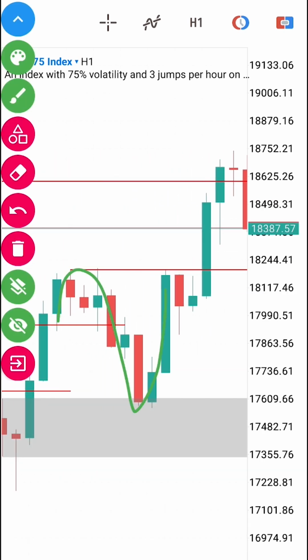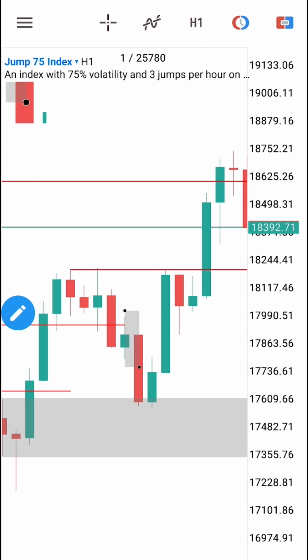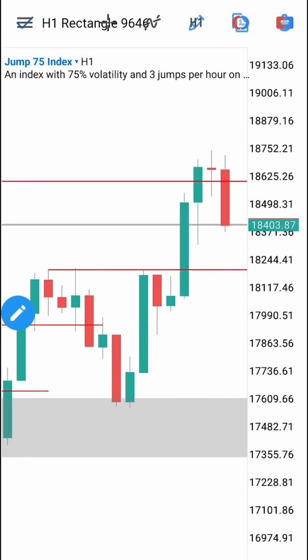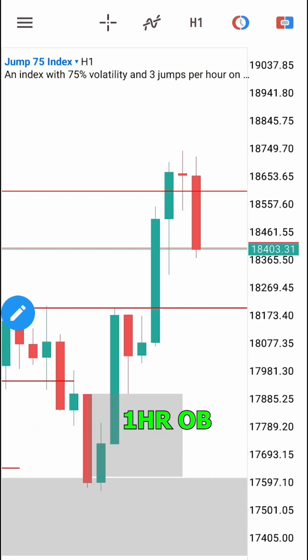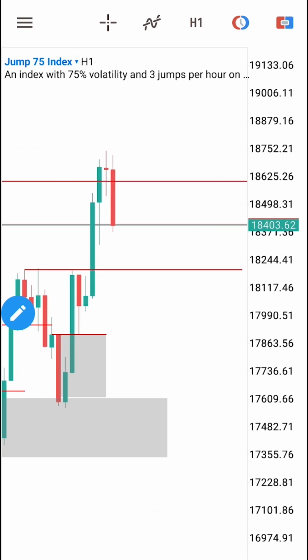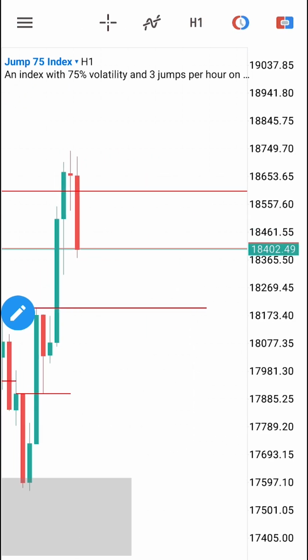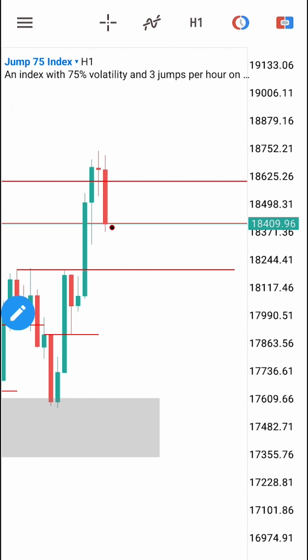It had a huge imbalance. Okay, not a huge one, but it had a significant imbalance as it broke structure. So before it broke, of course it hit the 1 hour order block, and then it made a huge break of structure above there.